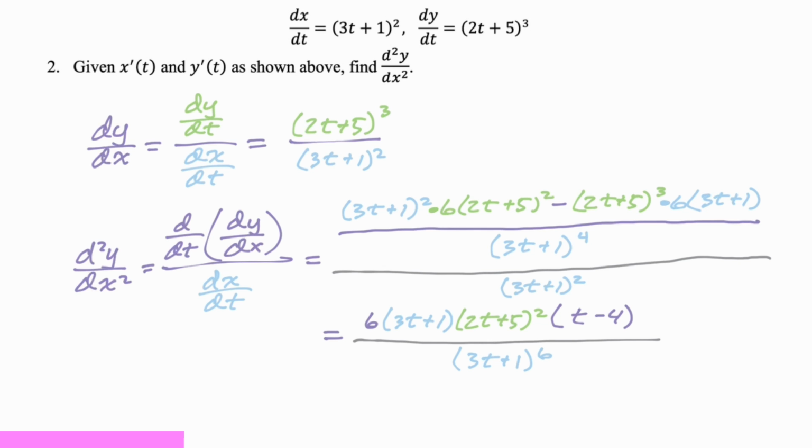The denominator is going to be our thing to the 4th, and then the thing to the 2nd is the same, so we end up with the thing to the 6th. We have this. And finally, there's a 3t plus 1 in the numerator and a 3t plus 1 to the 6th, so we can cancel those. Our final answer is going to look like 6, quantity 2t plus 5 squared, quantity t minus 4, all over 3t plus 1 to the 5th.